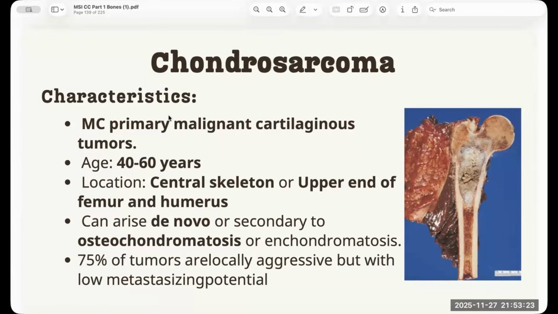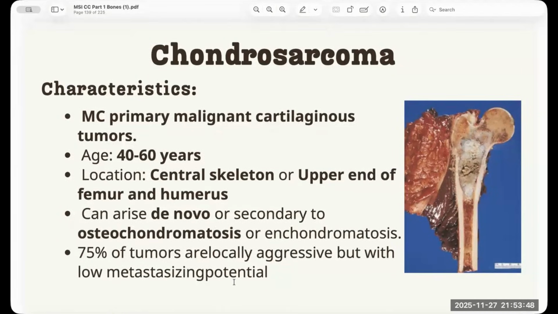The location is the central skeleton or the upper end of the femur and humerus, so as shown here, this is a femur. Okay? It can arise de novo, which means by itself in the body, or secondary to osteochondromatosis, which is another disease. Okay? 75% are not aggressive but have metastasizing potential.